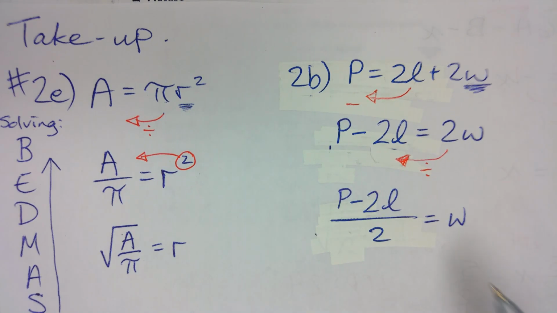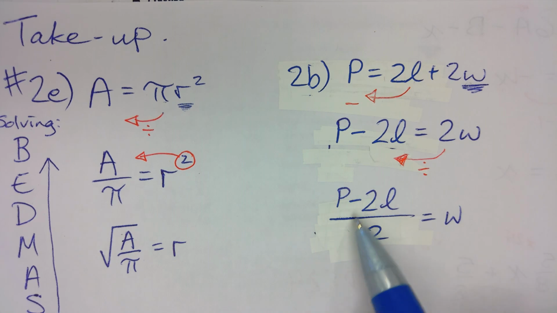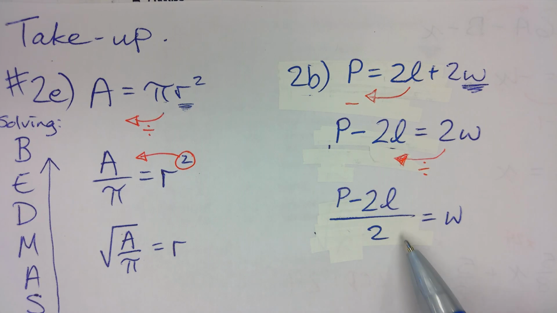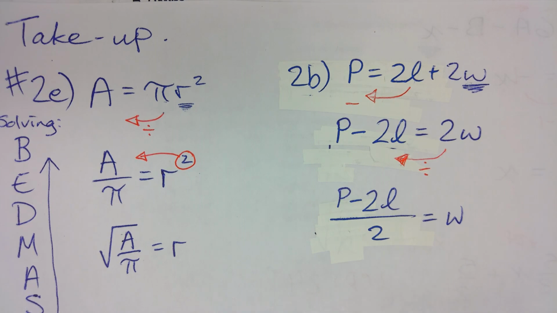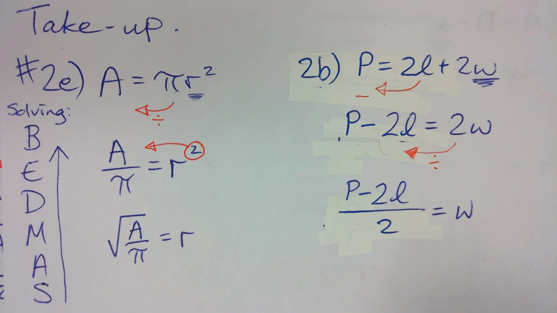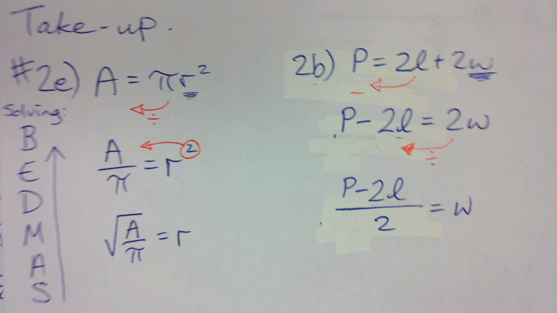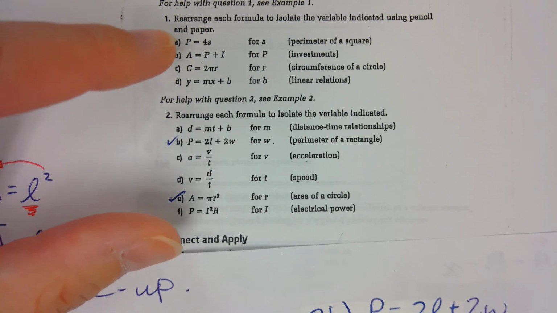You don't have to simplify it. You could rewrite it as P over 2 minus l, but if you just leave it like this, it's fine. So again, these two questions are very possible on the test. Any of these ones right here.